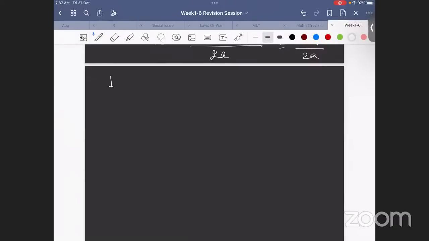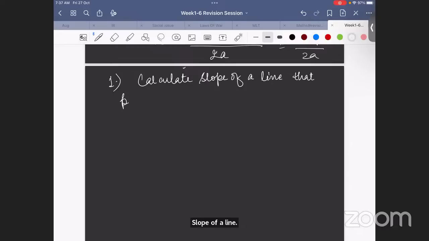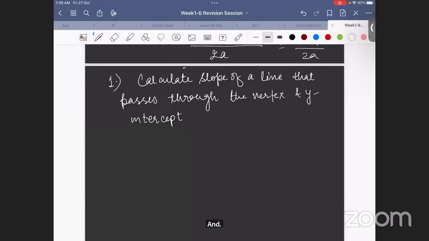The first question is, you need to calculate the slope of a line that passes through the vertex and y-intercept of q(x) equals x square plus 10x minus 5.